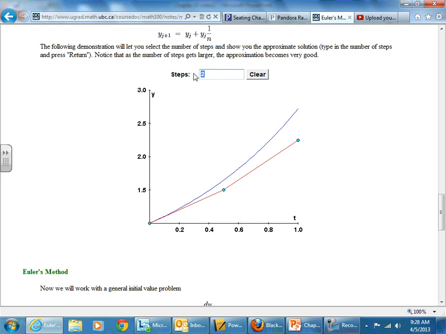Let's say that we did 4, which means our delta x would be 0.25. Let's say that we did 10, which means our delta x would be 0.1. Let's say we did 100, what would our delta x be? Alright, so you can see I just get better and better and better.